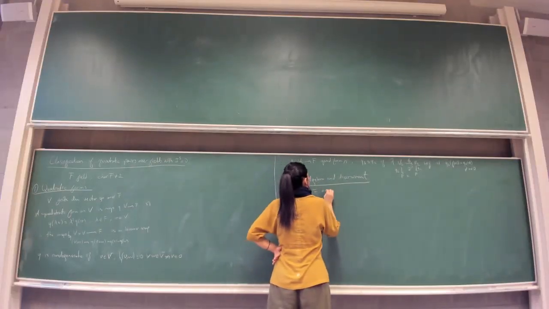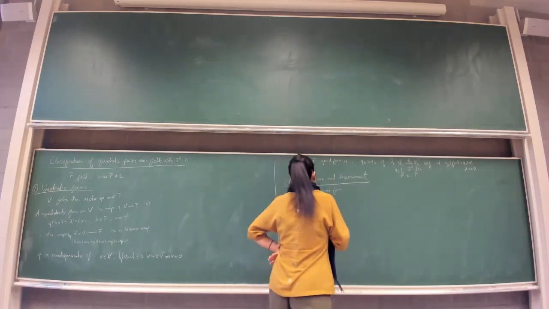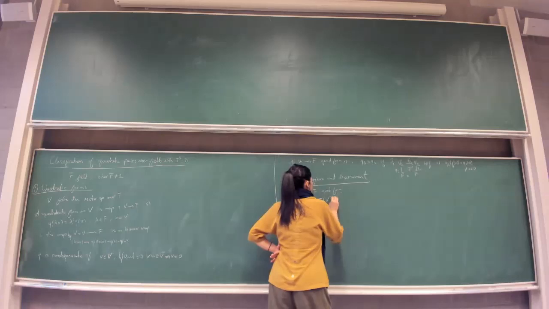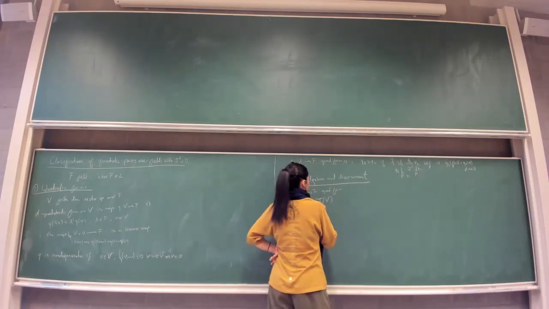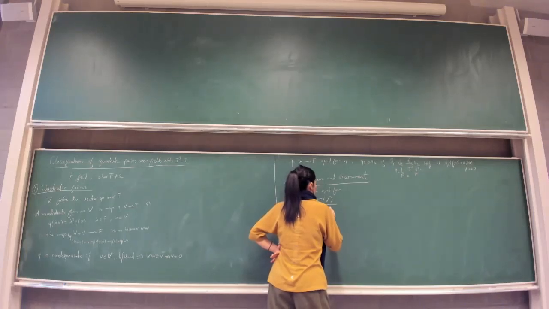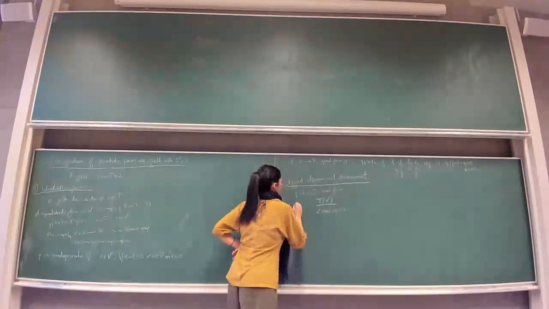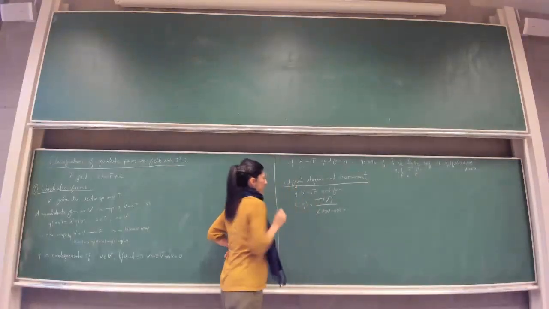So that's Q over F. To define the Clifford algebra, you take the tensor algebra of your vector space V and quotient by the ideal generated by such elements. Okay, we denote it C(Q).